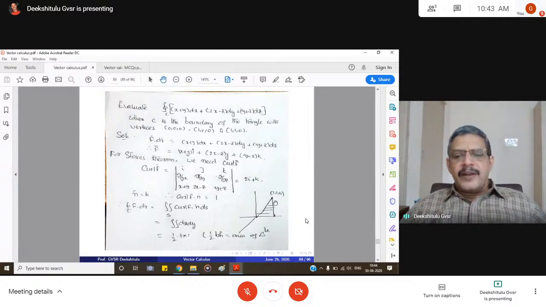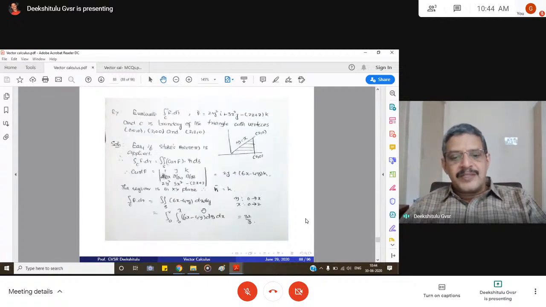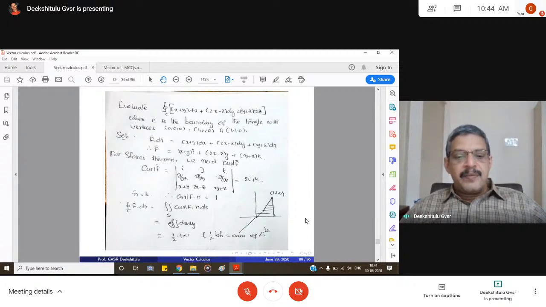So curl F dot n bar becomes 1, dS becomes dx dy. You need not find the limits of integration here, just like in the previous problem. Why? Because here we don't have a function. It is simply the double integral of dx dy. In the previous problem, we had 6x minus 4y, a function to integrate. But here f is 1. When f is 1, what does the double integral of dx dy represent?